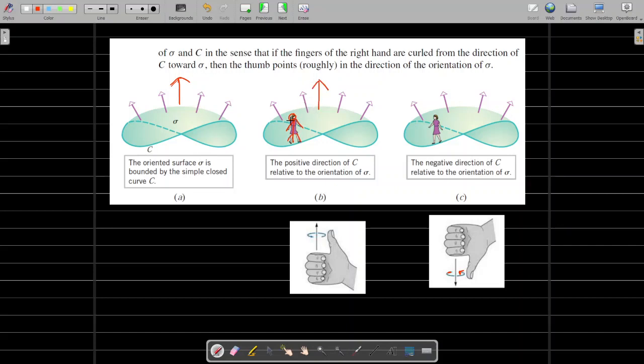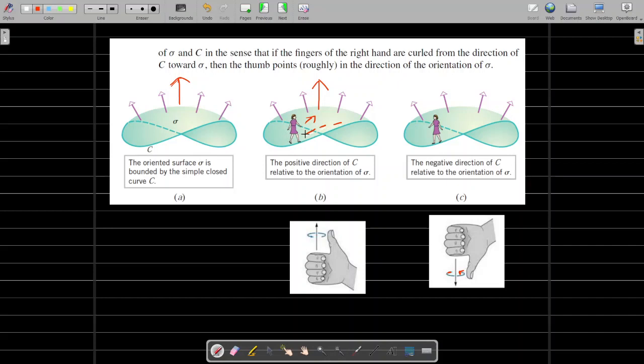So this is an upward orientation, and this person is walking with her head in the direction of orientation of the surface. Suppose while walking like this, the surface is on her left, then we say that she is walking in the positive direction of C.